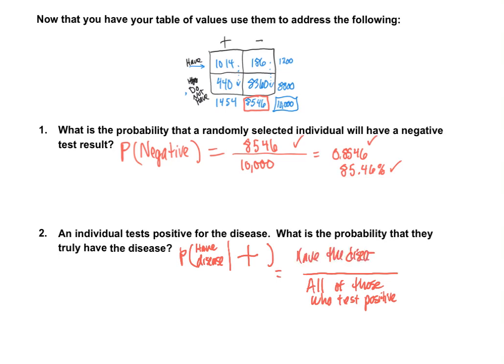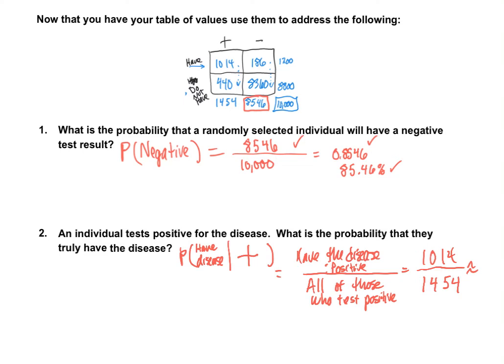These have the disease and test positive. When we added up the total number of people who tested positive, there were 1,454 people, and out of these individuals, 1,014 actually had the disease. So out of 1,454 people, 1,014 had the disease.